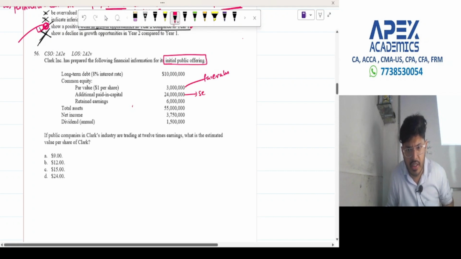This is security premium. This is general reserve, PNL, capital reserve, etc.